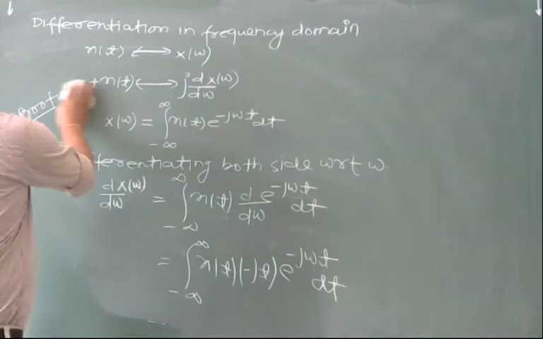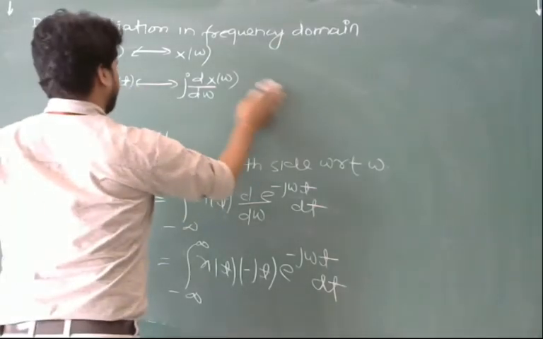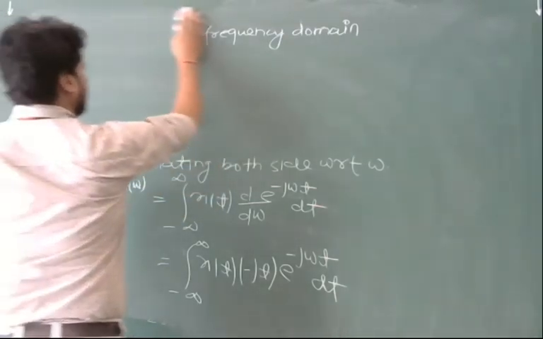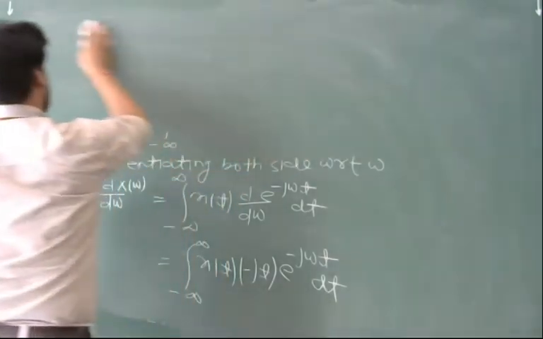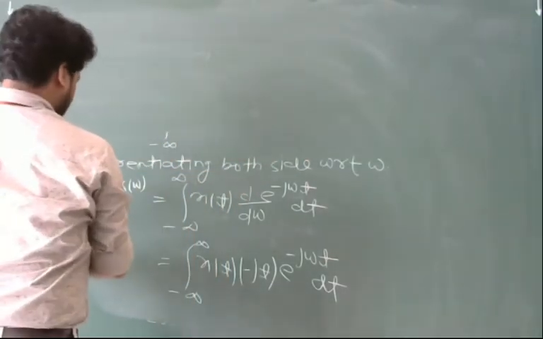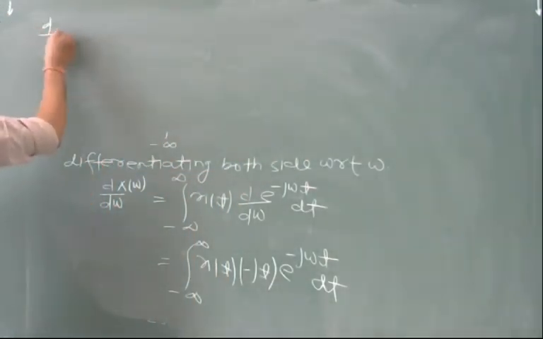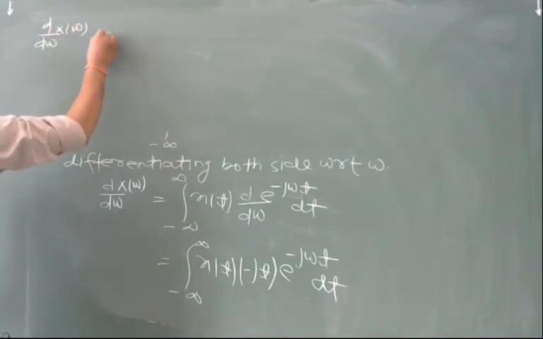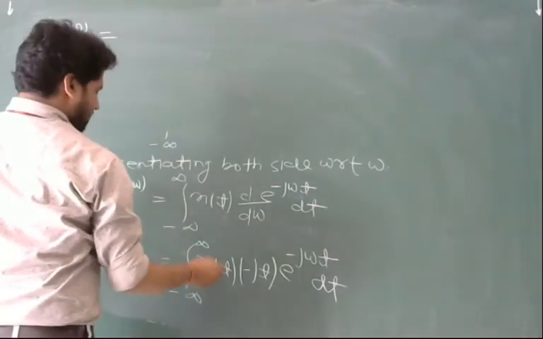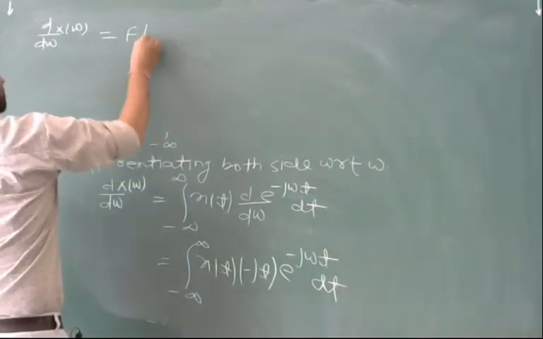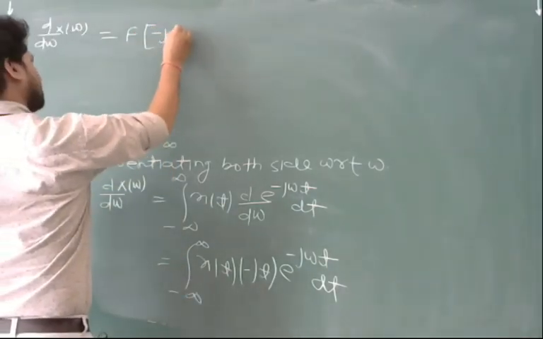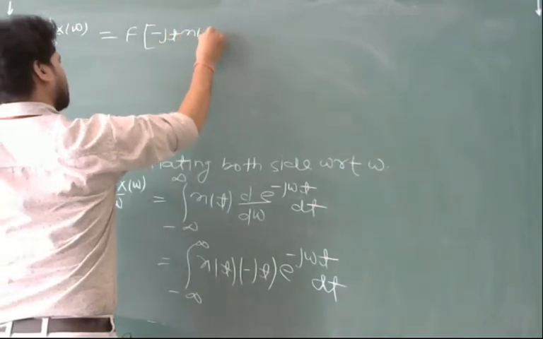So this can be simplified as d by d omega of X of omega will be equal to the Fourier transform of the signal minus jt times x(t).